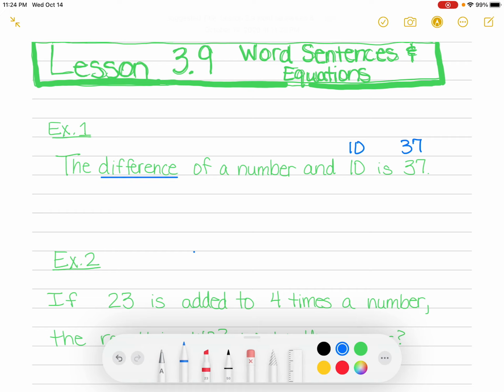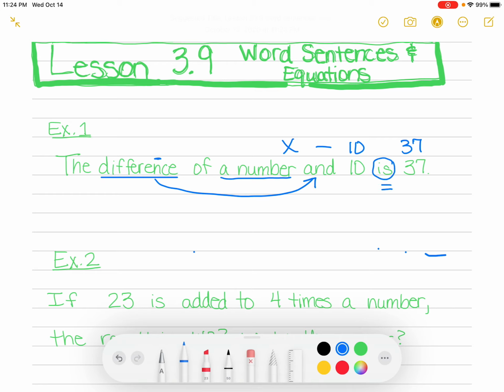If everybody remembers, difference means minus. When they have the word difference, we're going to look for the word and, and that's where we're going to put the minus. Where it says a number, we're going to put just an X or N. A lot of kids like to put N because it stands for number. So I have X minus 10, and then here's a new word, is.